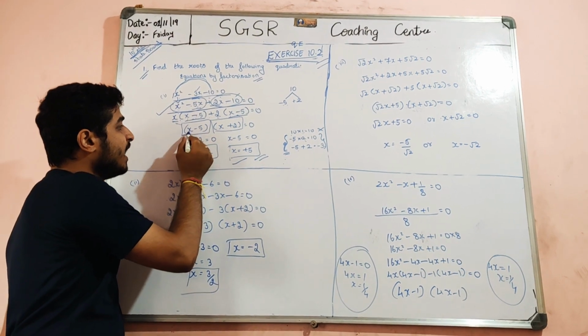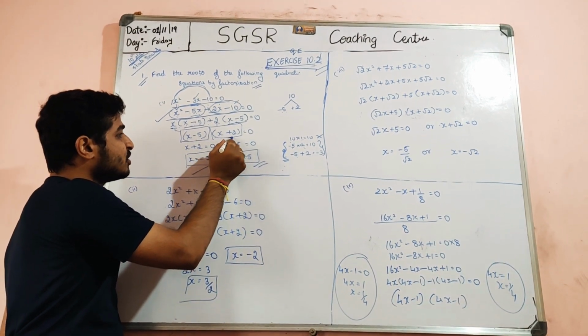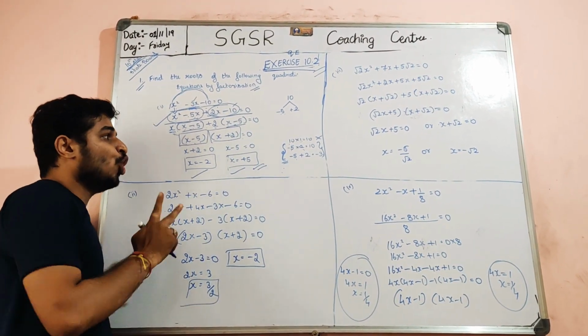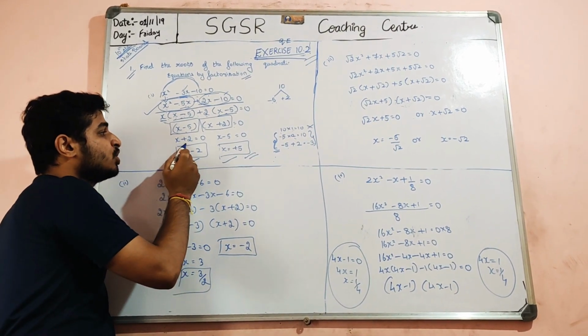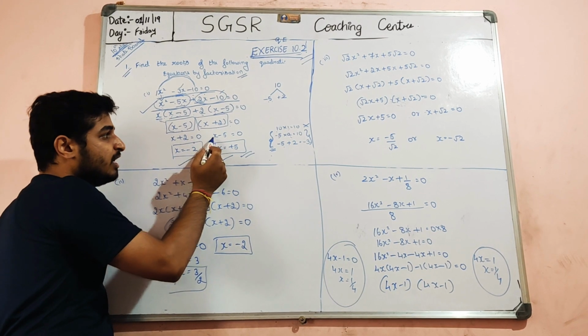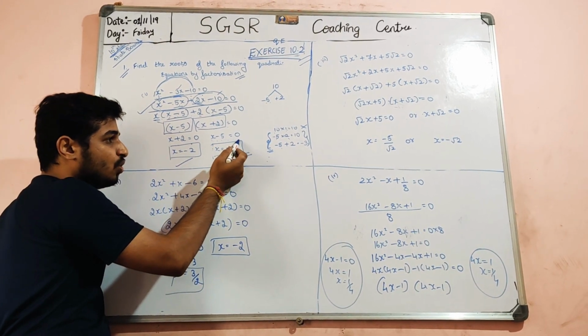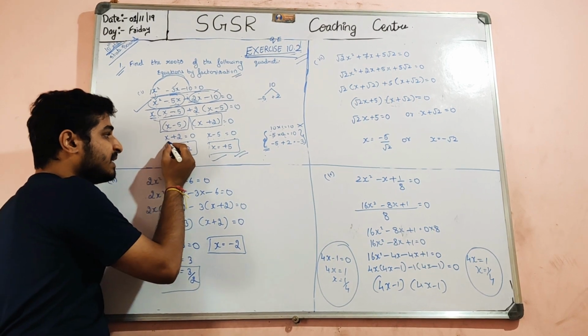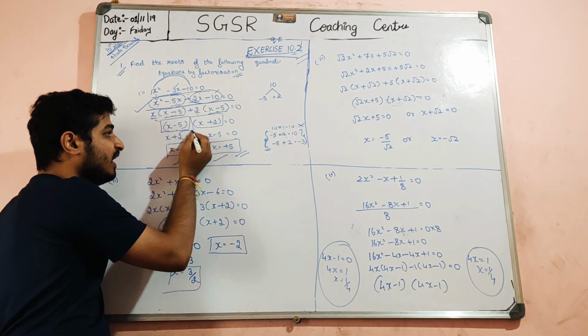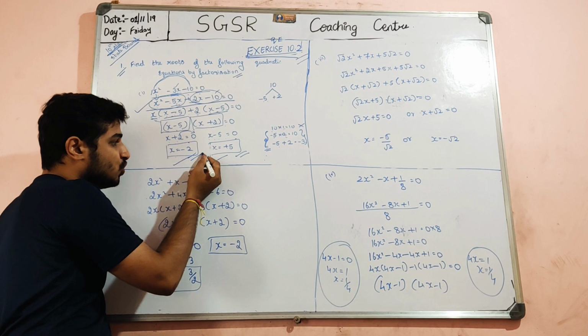Then it becomes x minus 5 and x plus 2 is equal to 0. Now you are getting two equations: x plus 2 is equal to 0, and x minus 5 is equal to 0. So two values you will get. x is equal to, when plus 2 is shifted here, it becomes minus 2.